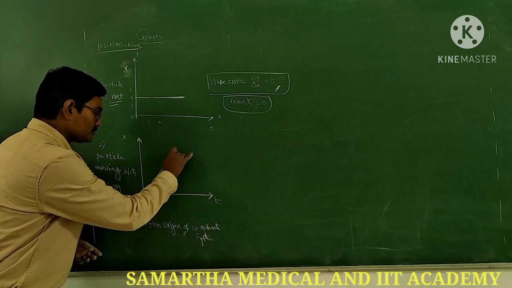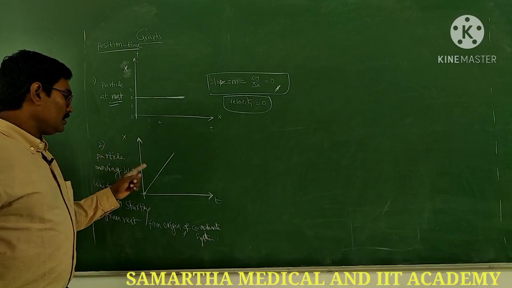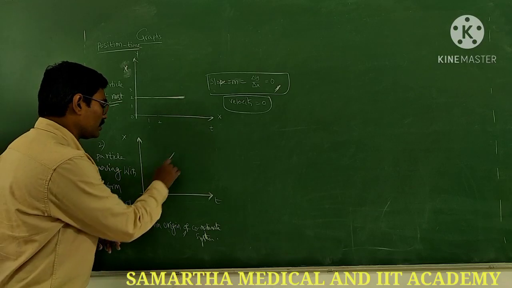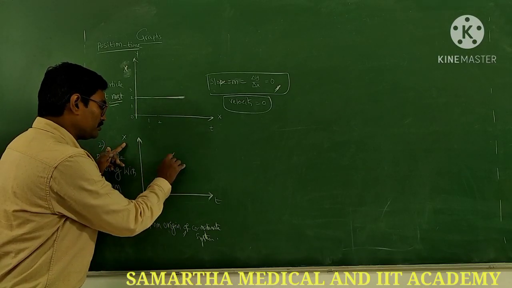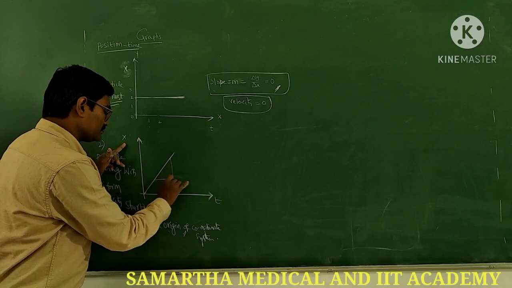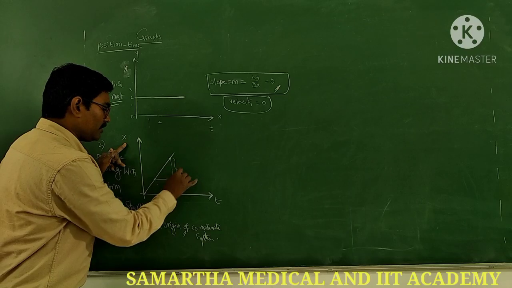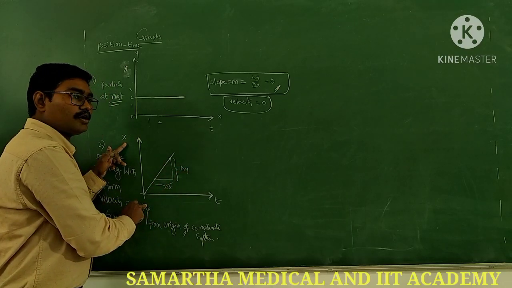If you take here 2 points, you can think about the graph: instantaneous slope, instantaneous velocity and average velocity. See here, displacement time. If I take between 2 points on a chord, what will I get? Delta y by delta x. That gives the average value.